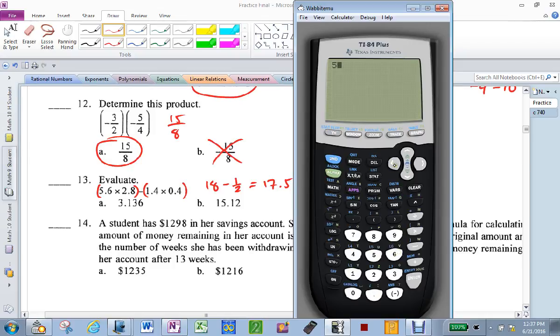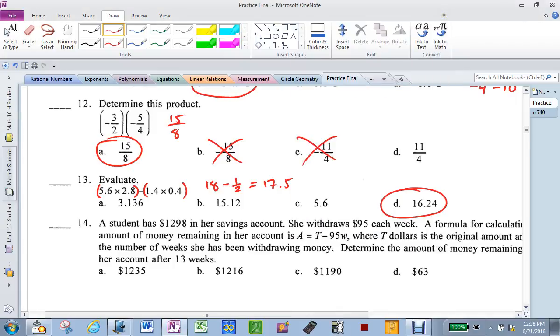Okay. 0.6 times 2.8 minus bracket 1.4 times 0.4 close brackets equals 15.12. Dang, good thing we checked, because it was B.